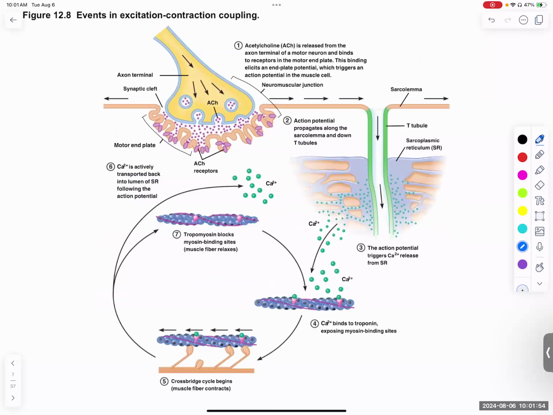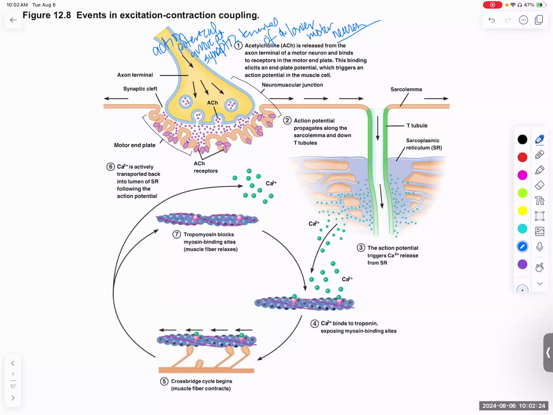It kind of looks like this. So you have the excitation-contraction coupling. You have an action potential arrive at the synaptic terminal of a lower motor neuron, because this is the neuromuscular junction.